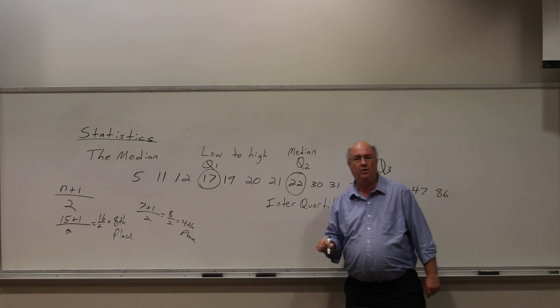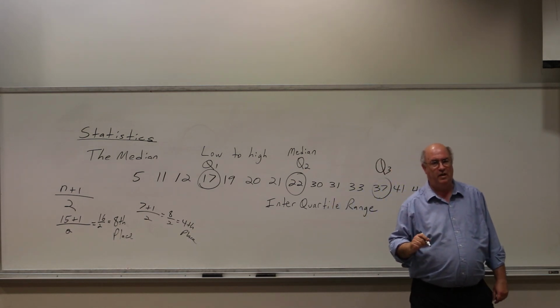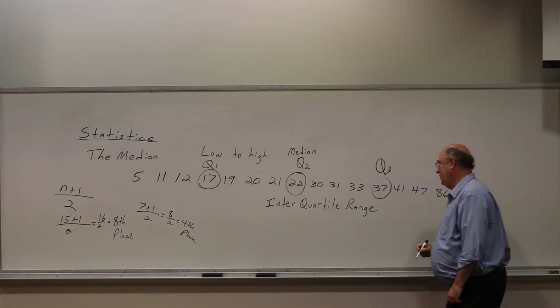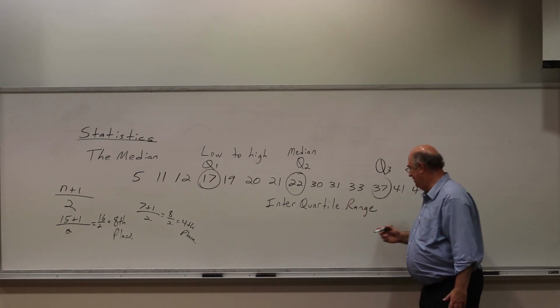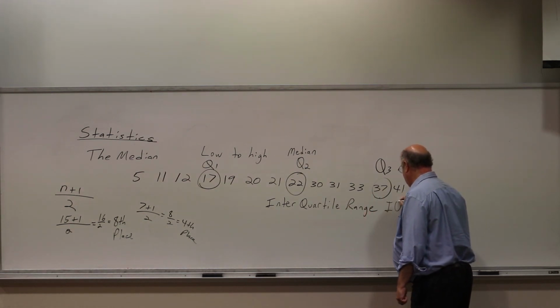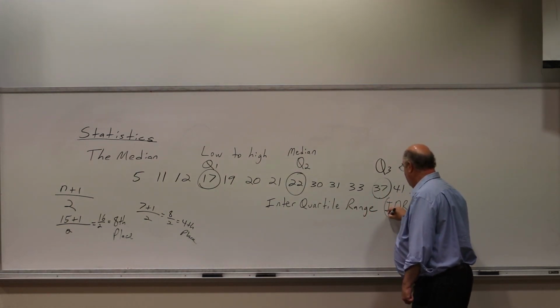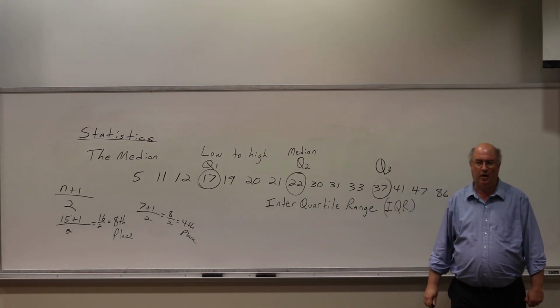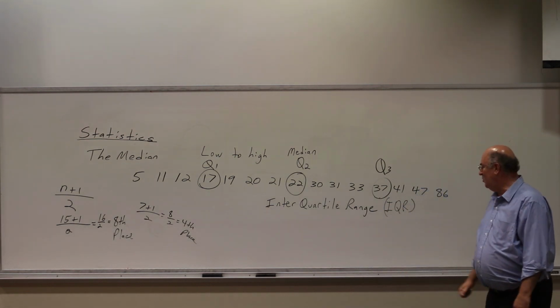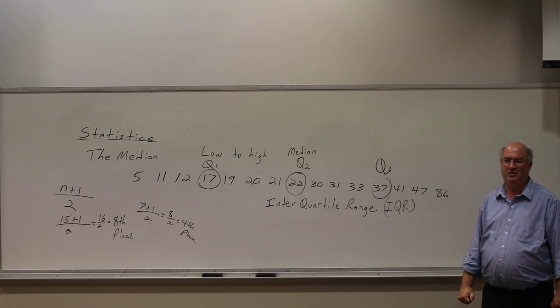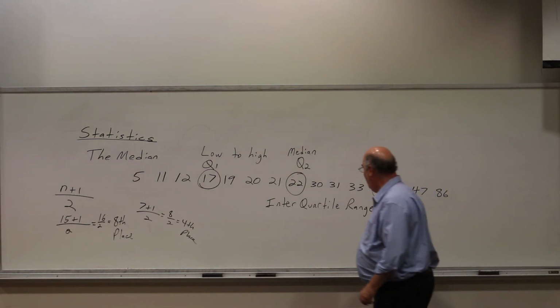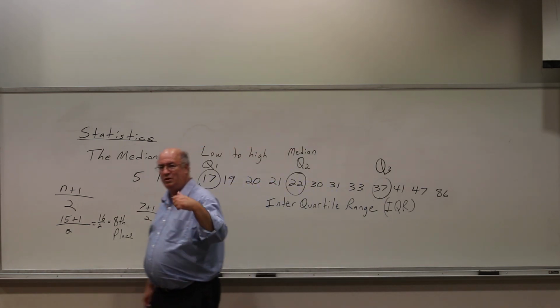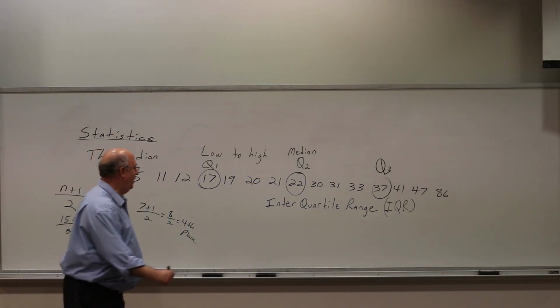We're going to be looking for something called the interquartile range, abbreviated as IQR. After you hear interquartile range once or twice, they start calling it just IQR. It's a lot faster to say. We have the 3rd quartile and the 1st quartile.